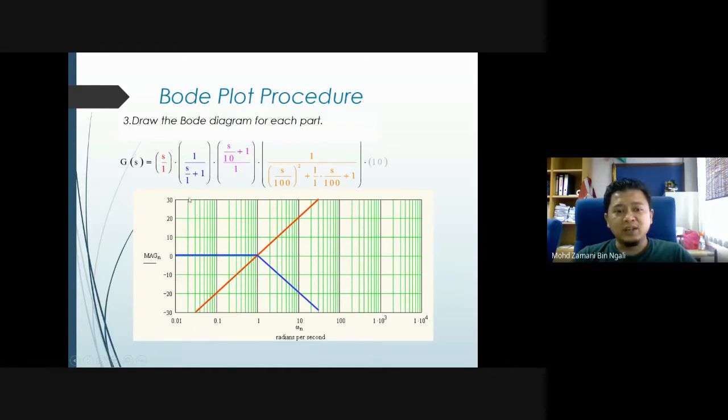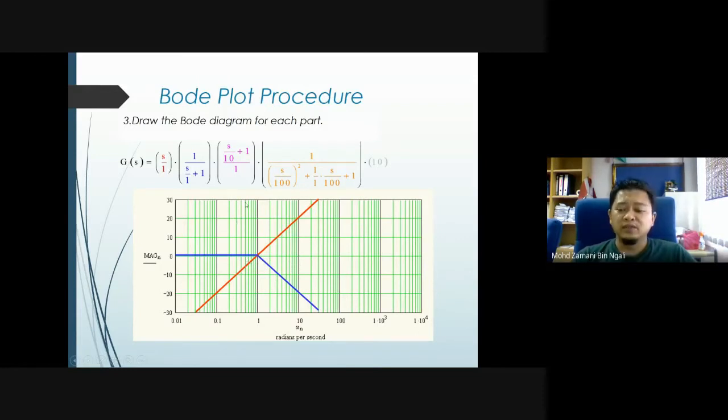Look at this value 1. So go straight from 0. When you reach 1, it goes down, and the slope is the same since this one is also S to the power of 1. So negative 20 decibel per decade, from 1 to 10.